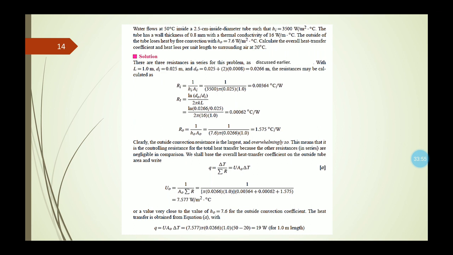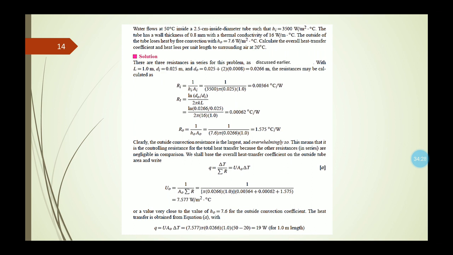Now the heat transfer is obtained from the equation based on the overall transfer coefficient, that is Q equals U Ao delta T. Here, the heat loss per unit length is equal to U Ao delta T. We have already calculated Ao in the earlier step, and delta T is the temperature difference.